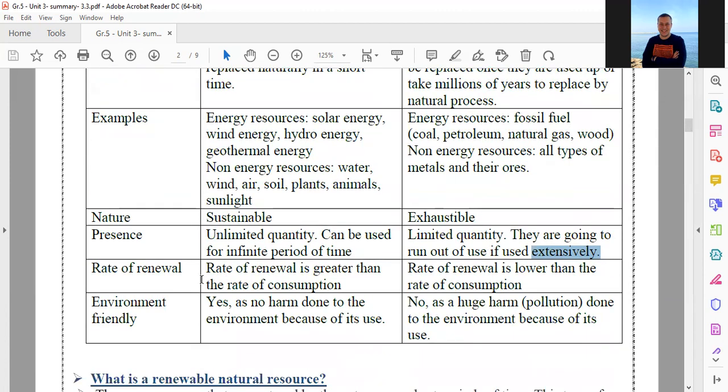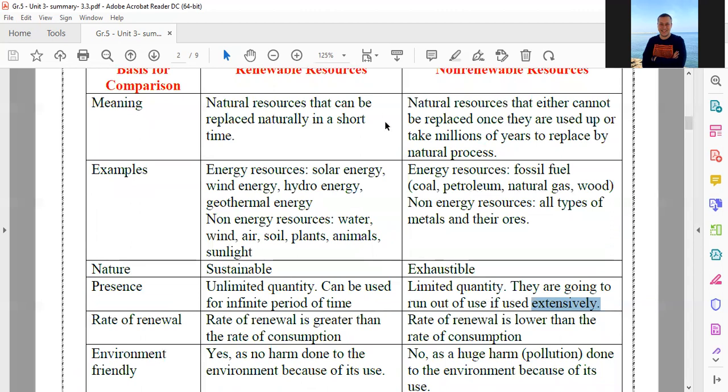Then the rate of renewal, as we said in the first part, the rate of renewal is greater than the rate of consumption. What this sentence means is that we use both renewable and non-renewable resources, but we said that renewable resources can be replaced naturally in a short period of time.